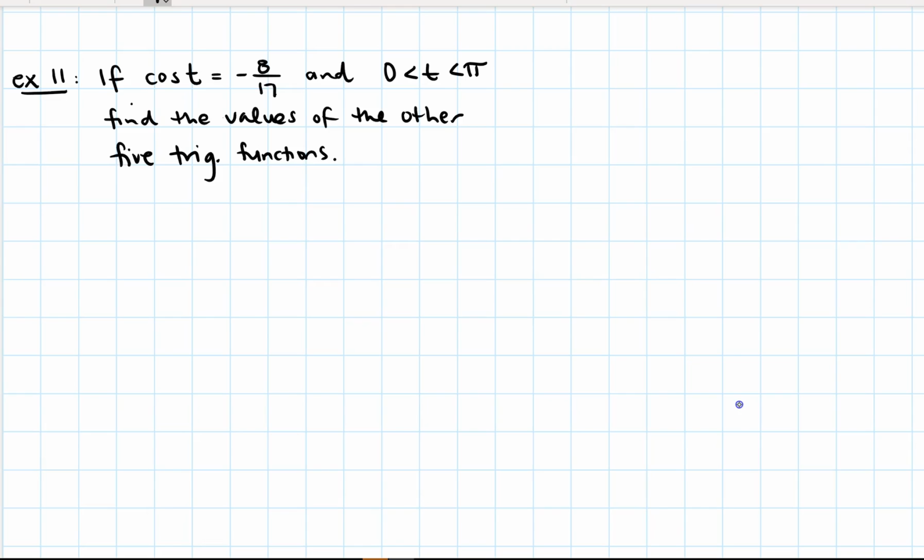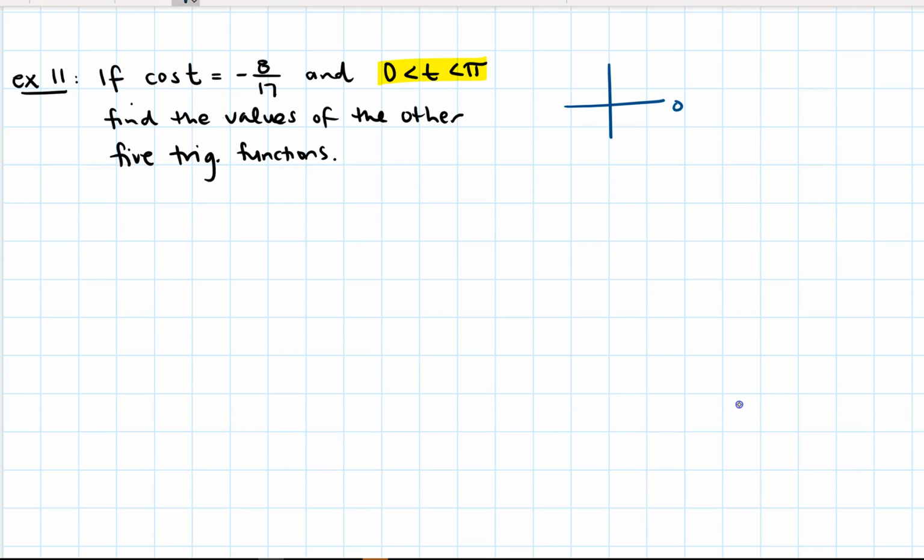So I'm going to start off again with reminding myself where I'm located. Right here, they're telling us cosine of t is negative 8 over 17 and 0 is less than t is less than pi, so we remind ourselves where t is located.